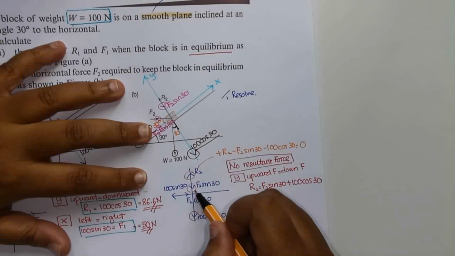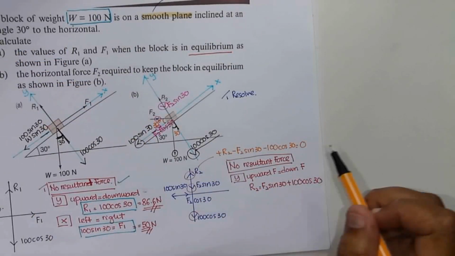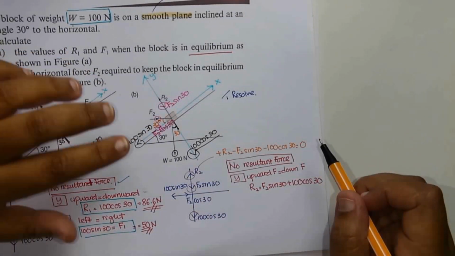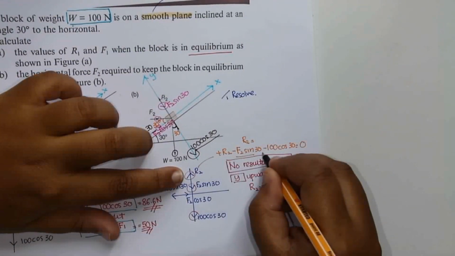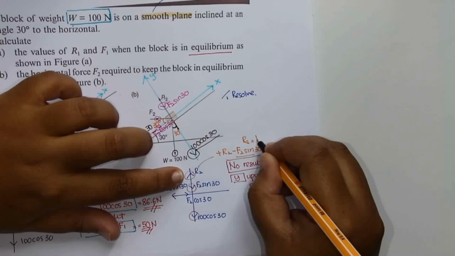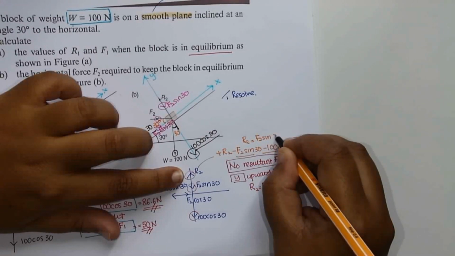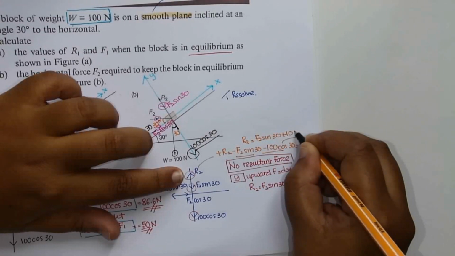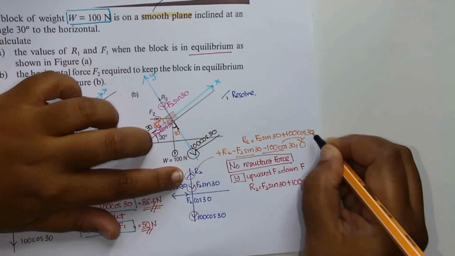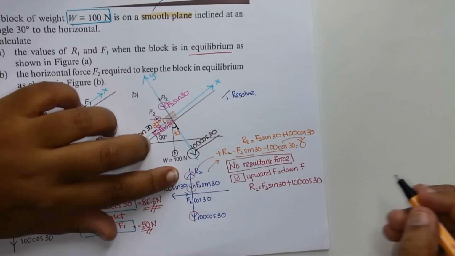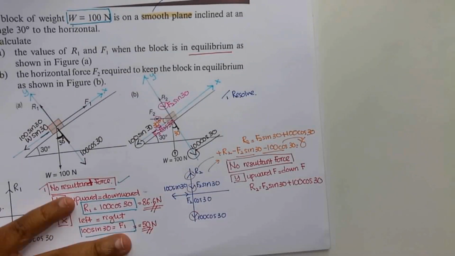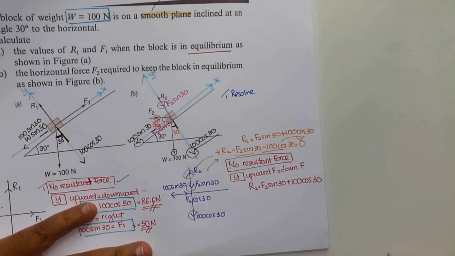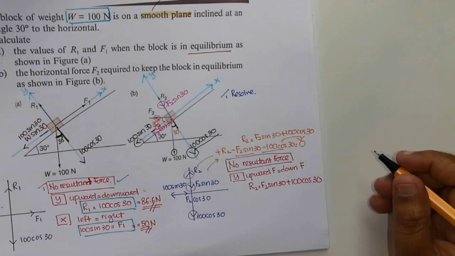Because downward forces are opposite in direction to the upward force. Then you bring the other side over, and R2 becomes F2 sine 30 plus 100 cos 30. You can do it either way, or upward equals downward. That is it.